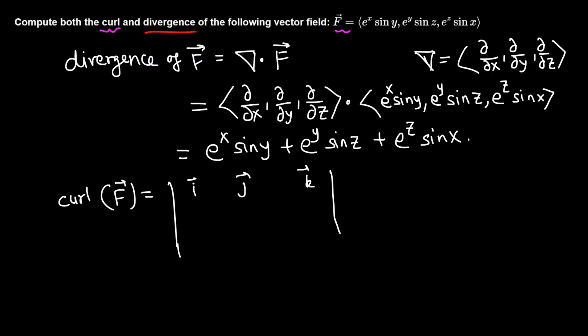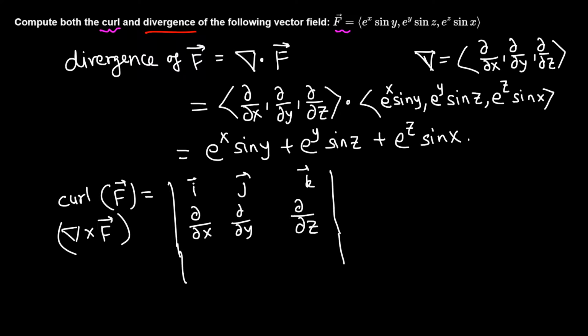This is the same as writing in notation this del operator cross the vector field F: ∂/∂x, ∂/∂y, ∂/∂z, and now the vector field components, which are e^x sin y, e^y sin z, e^z sin x.